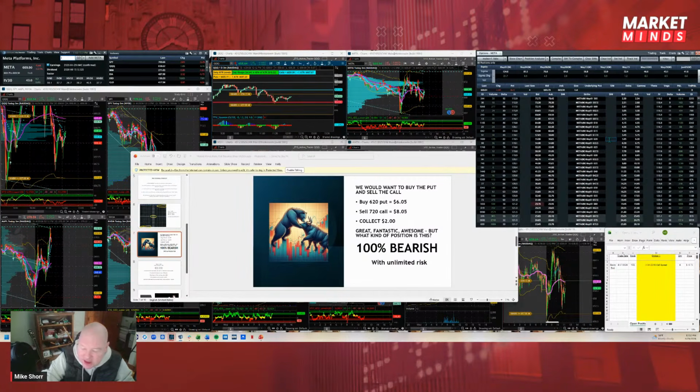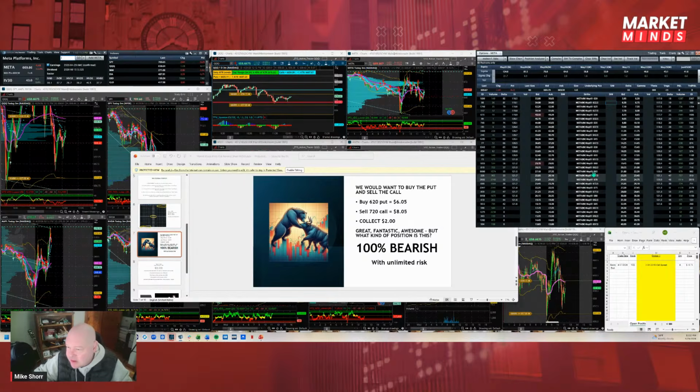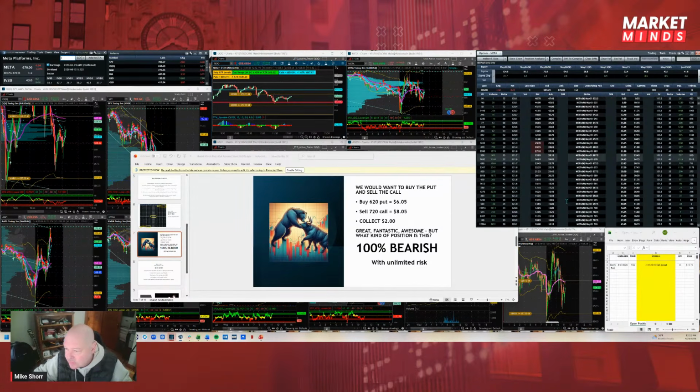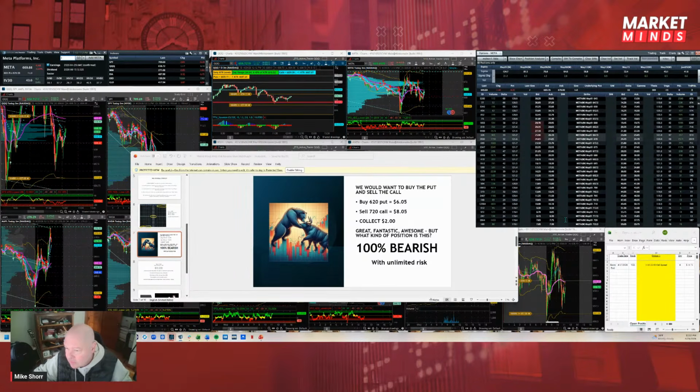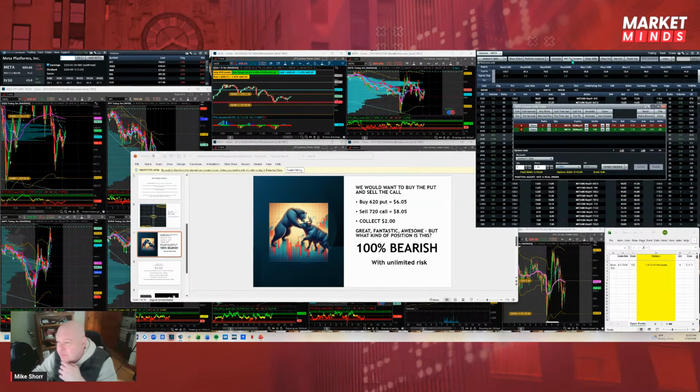So we're going to sell that, and we're going to buy the 720s. Won't be too far away from that. So it's not trading $2, it's trading $1.62. Okay, so now we have this position that we are collecting money.